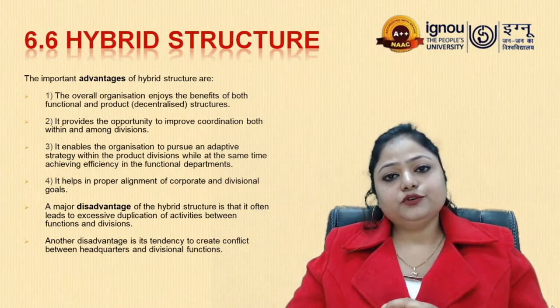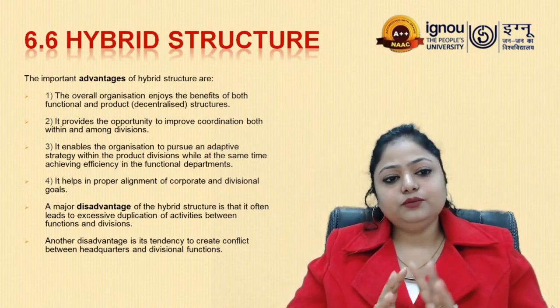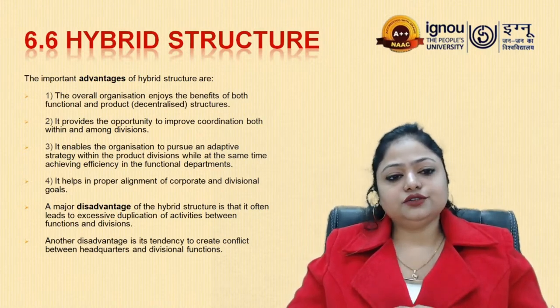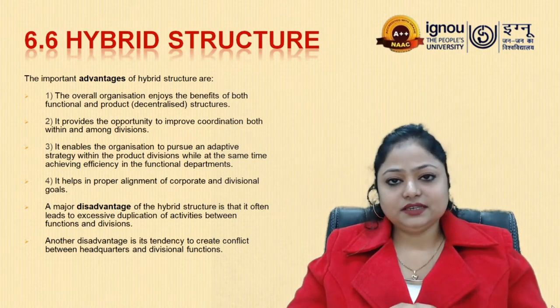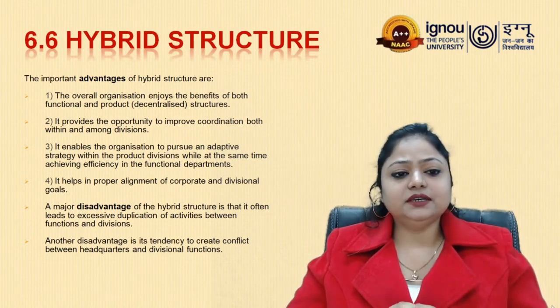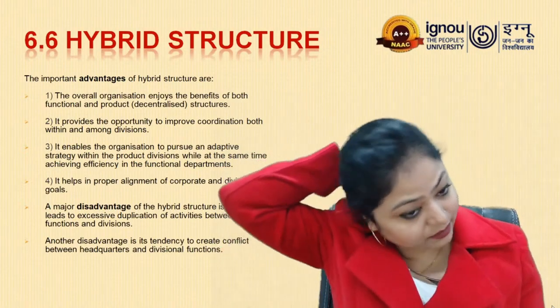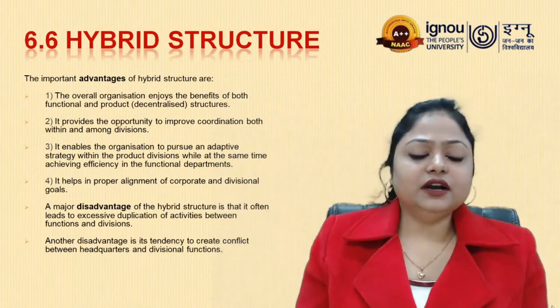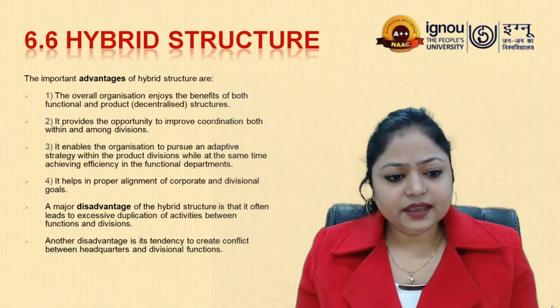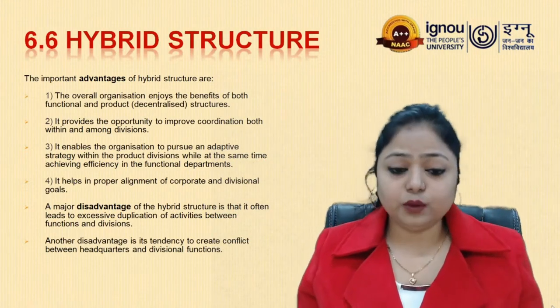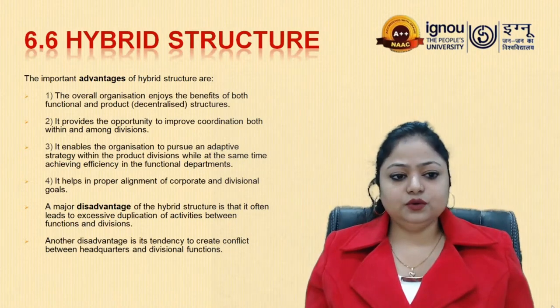It provides the opportunity to improve coordination both within and among the divisions of the organization. The hybrid structure also enables the organization to pursue an adaptive strategy within the product division while at the same time achieving efficiency in the functional departments. It helps in proper alignment of corporate and divisional goals.